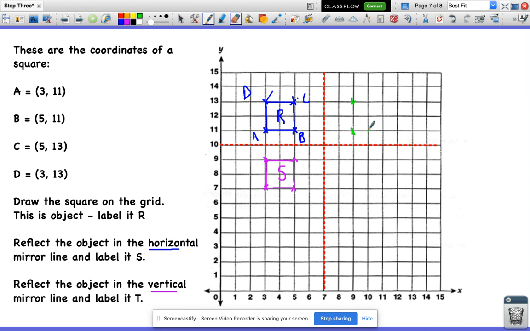A is 4 away. And D is 4 away. Join those, and label it T. There we go. So I've had 2 mirror lines, vertical and horizontal, and I've reflected my object R in both.